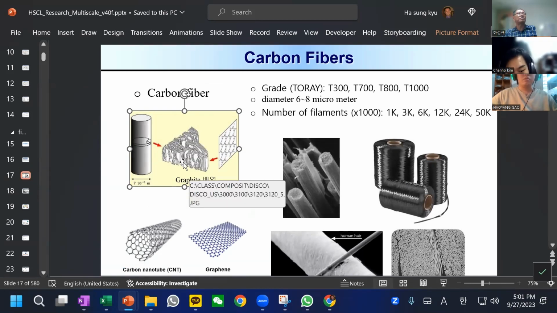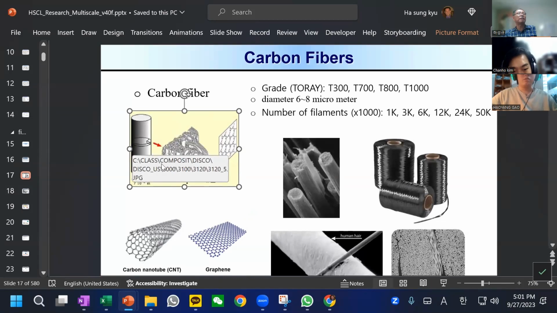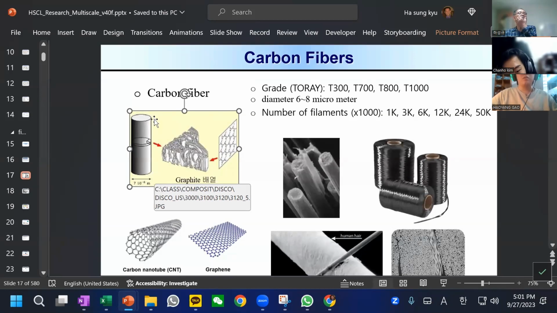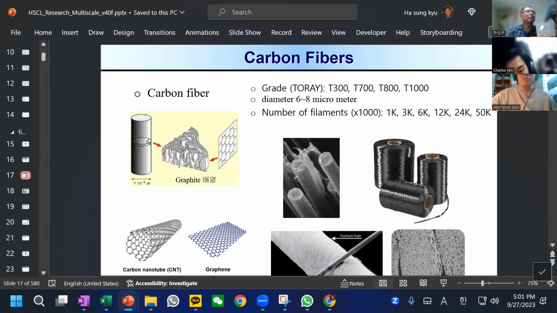It's a graphite. So this one is layered like this, layer and layer and layer and layer, which makes the carbon fiber in this way. So you can imagine that one layer makes this one, and it can be very strong in this way, right?